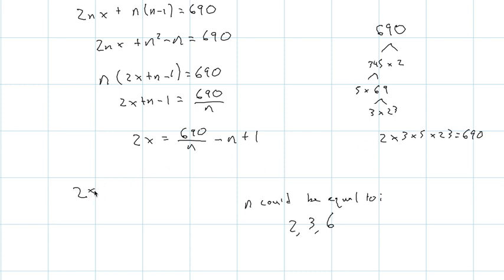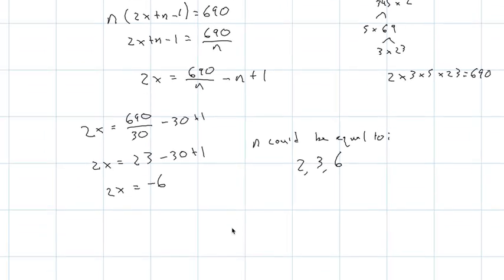So for example, 2x is equal to, basically what happens here is 690 divided by 30 is going to be 23. And so then we get 2x is equal to this is going to be -6, and x, we said it has to be a positive integer.